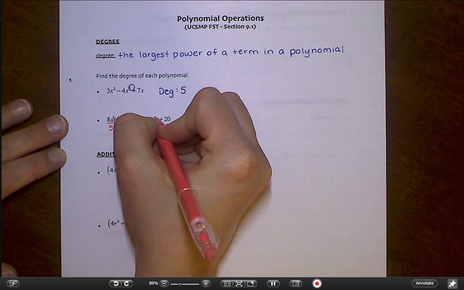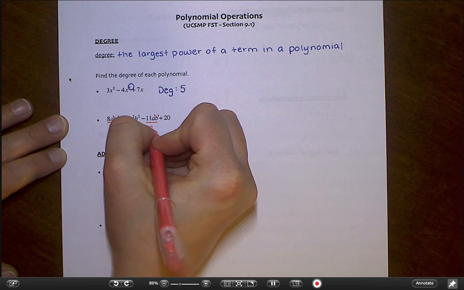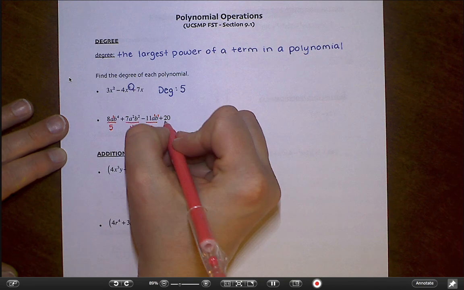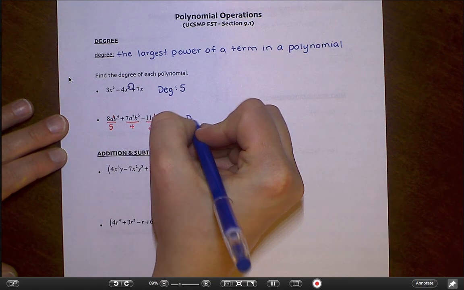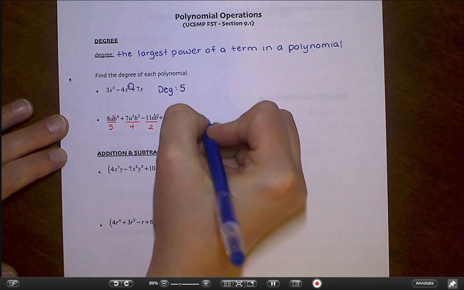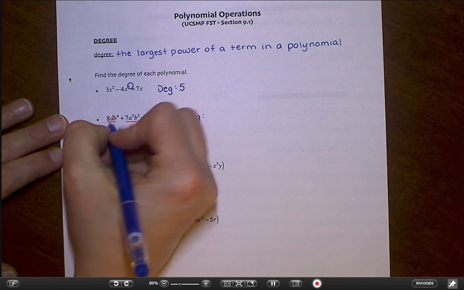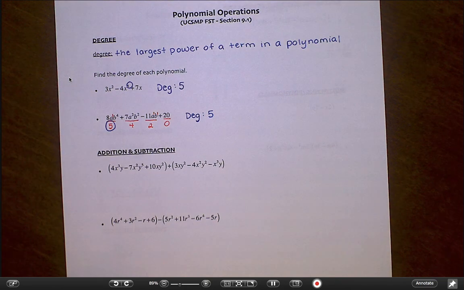This term here, the a and the b each have a power of 1, so this would have a power of 2. And then because this 20 doesn't have any variables at all, we would really say this has like a power of 0. And so then for the degree, again, we're looking at the highest combination, the highest total down here, which again in this case happens to be 5. So both of these are 5th degree polynomials.